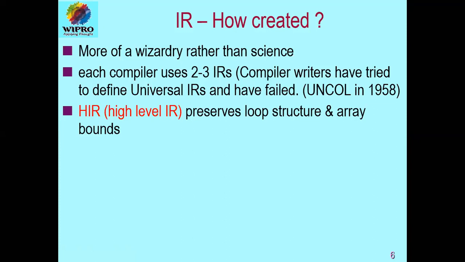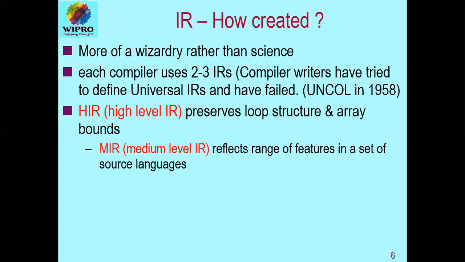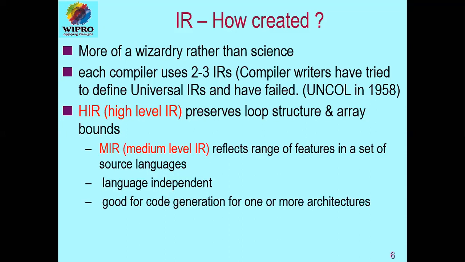One is high level IR, which preserves the loop structures, arrays, everything as it is in the programming language, and can just convert the expressions. Middle level IR reflects a range of features from the set of source language things. It is language independent, good for code generation.